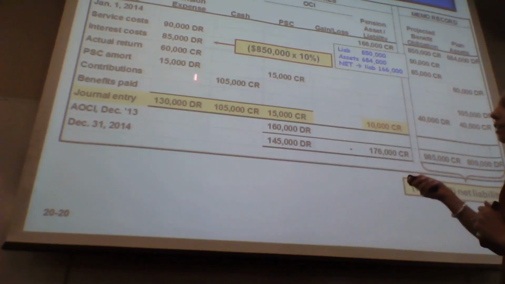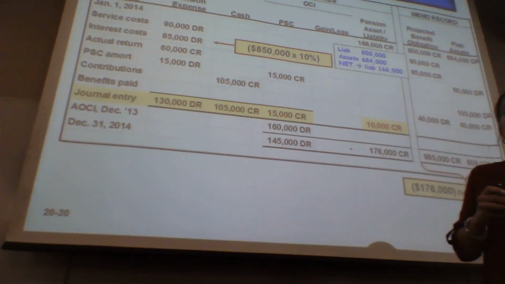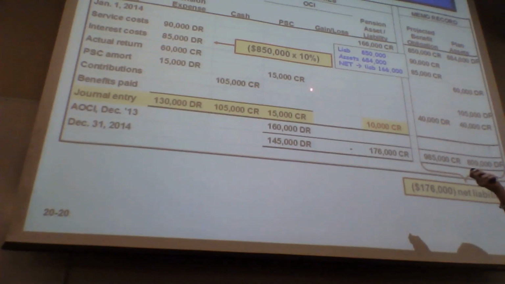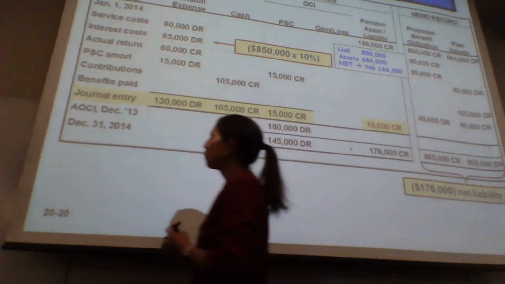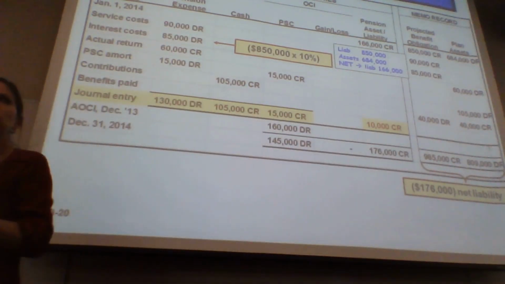So we increase pension expense $15,000, and we back out that loss from the OCI. Up here, there's a heading for OCI related to the prior service cost. So we're backing out that loss that we initially took in the current year. All right, that's the fourth component, and we're not dealing with the fifth component, any gains or losses, quite yet.